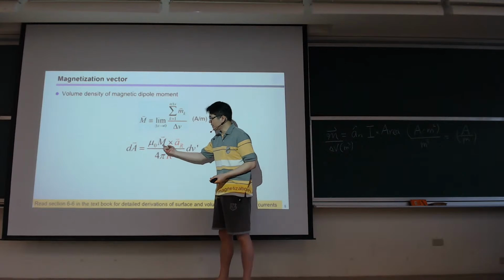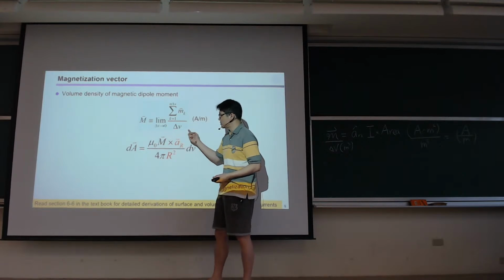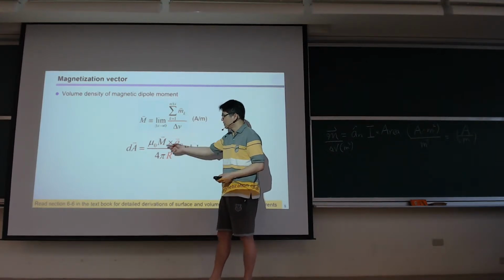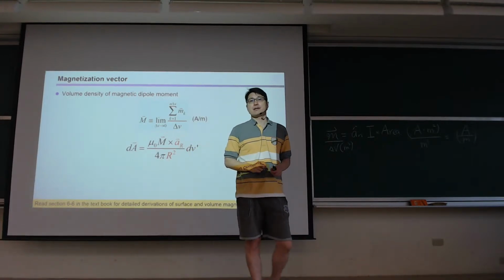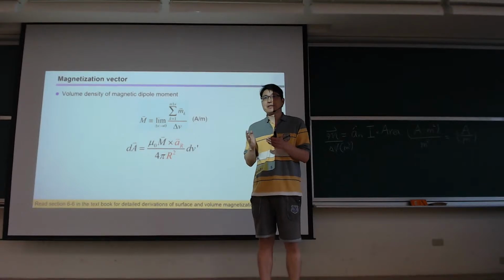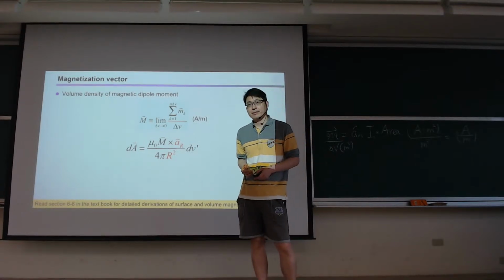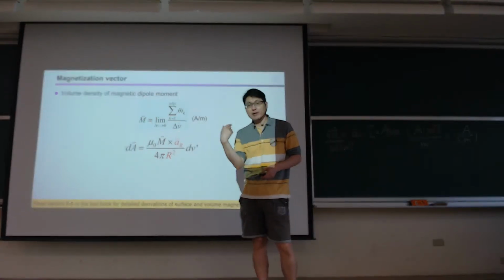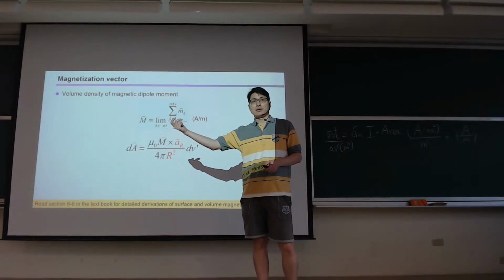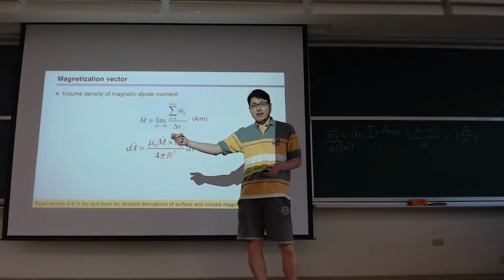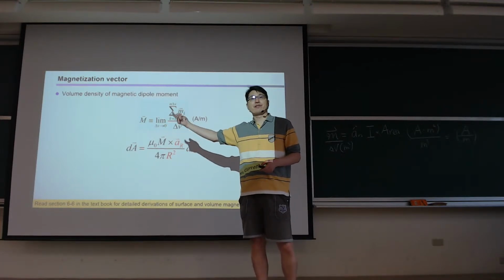So once you have a current loop, all you have to do is put it into this formula, and then you have the resulting vector magnetic potential. Once you have a current conducting loop, it will produce magnetic potential and therefore the magnetic flux density.